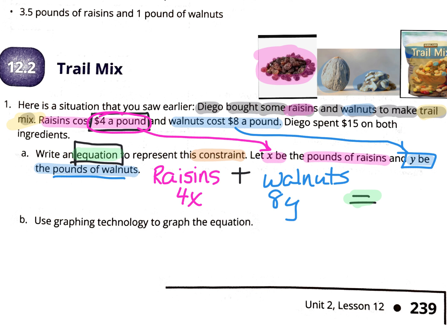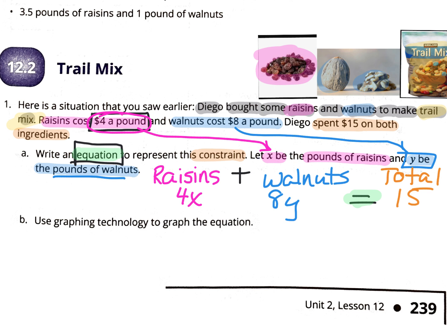So in this case, the fact that he spent $15 on both ingredients, that $15 is going to be our constraint. Again, a constraint means like a limit. So that's how much money he spent altogether.